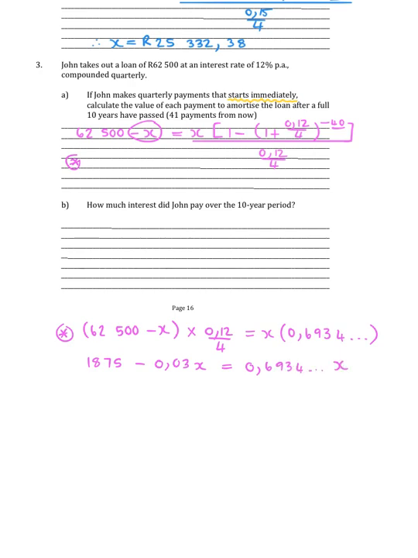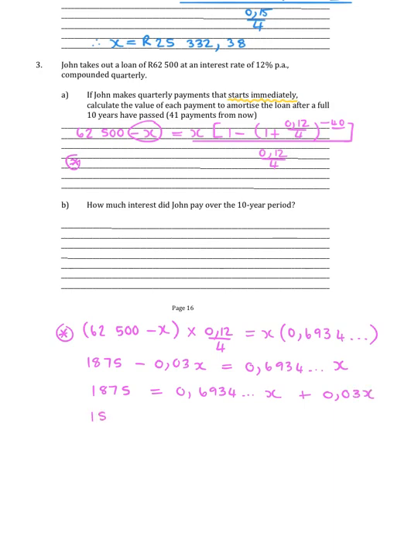All right, so now we can just solve for x from this point. So I'm going to have 1875 is equal to, so I'm going to add 0.03x to both sides. So it's going to become 0.6934, all of that x plus 0.03x.